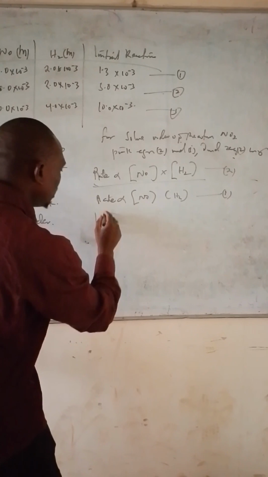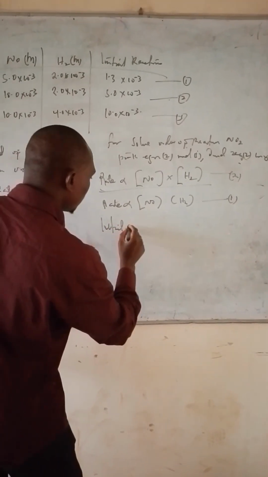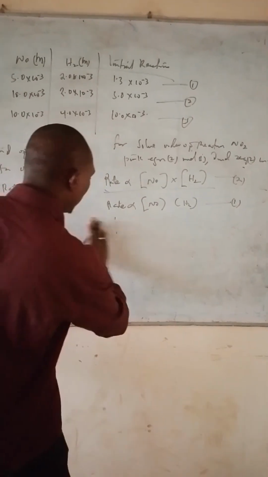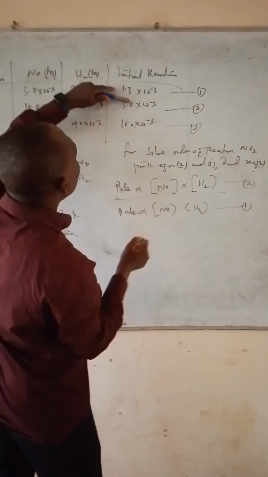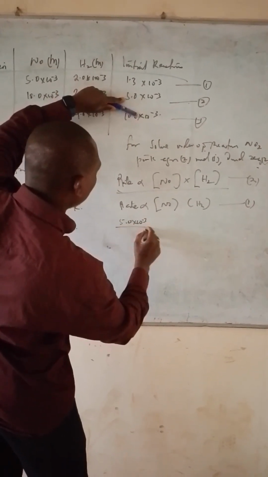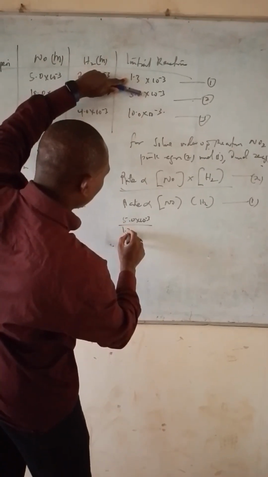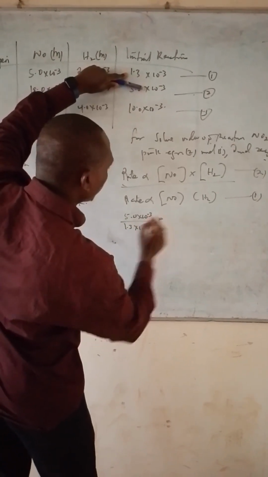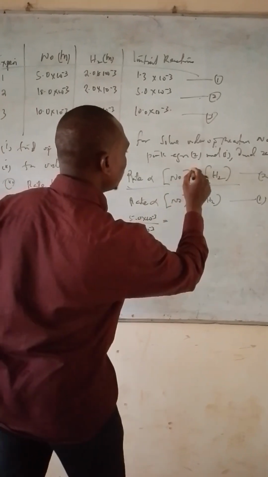So we have the initial rates. The initial rate for equation 2 is 5.0 times 10 to the power minus 3, divided by the initial rate of equation 1, which is 1.3 times 10 to the power minus 3, is equal to, let x be the order.